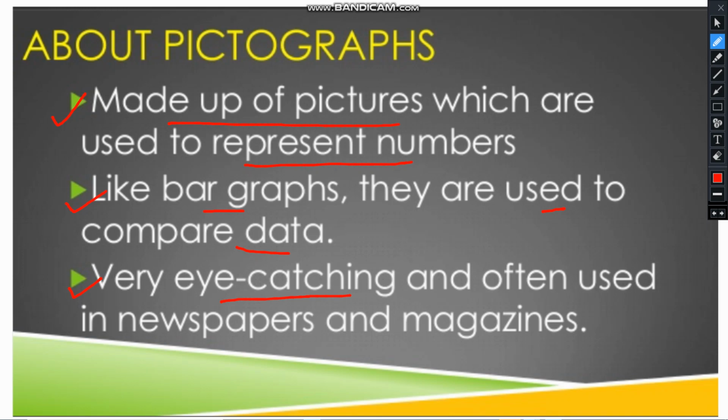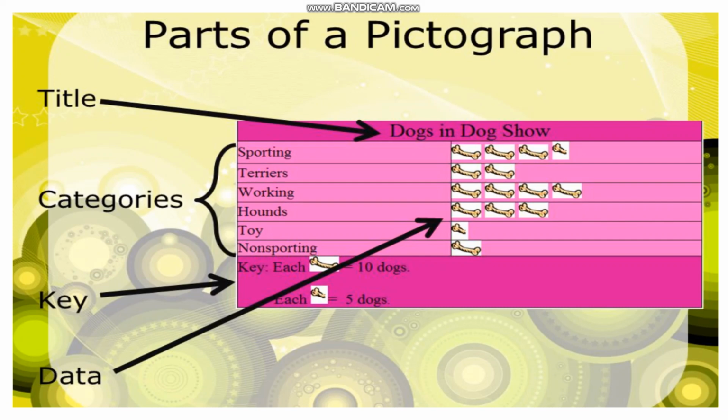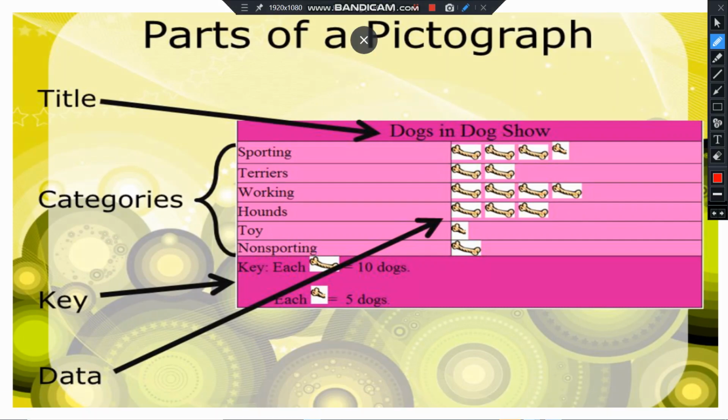And usually if data is to be printed in newspapers and magazines, it has to be attractive. So many times you can see pictographs are used to share the information. It makes it more interesting and good to see. It is very eye-catching.